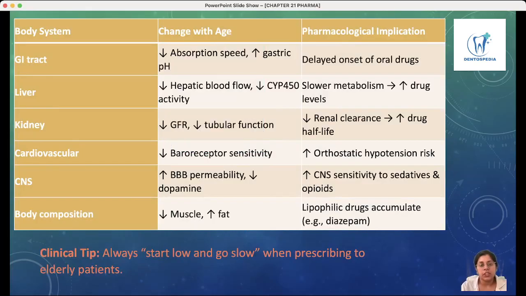Now, what are the changes that we see in a geriatric patient? First is the GI tract. In the GI tract, you will see decreased absorption speed and an increase in gastric pH; acidity and acid reflux are also very common. There is delayed onset of oral drugs. Oral drugs, as we have learned in the basics of pharmacology, first go to the GIT.